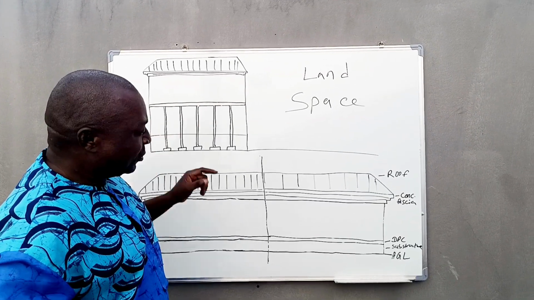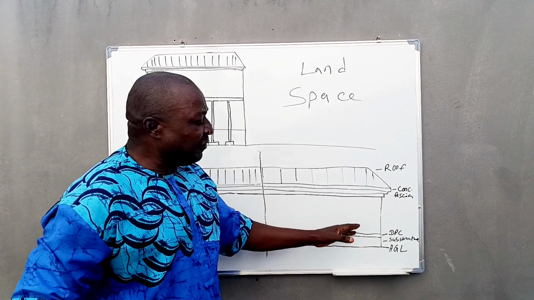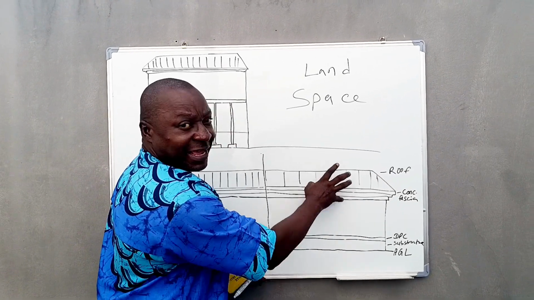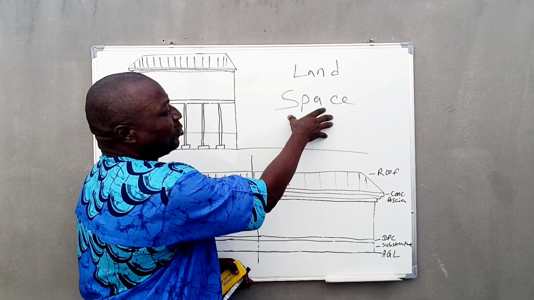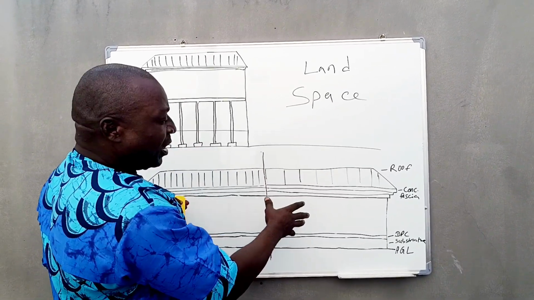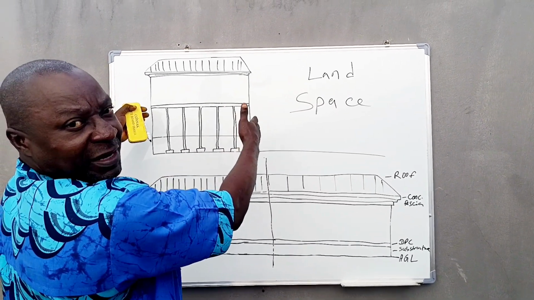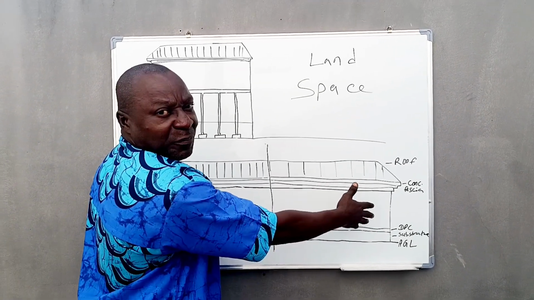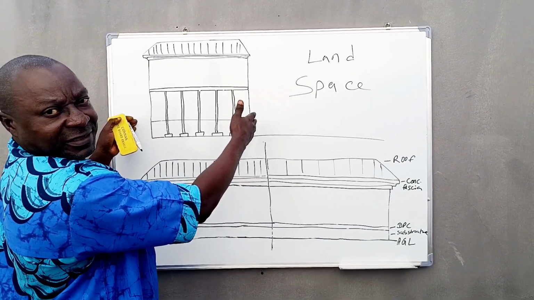You understand now? If you look at it, you realize that the entire space here is what you also have here now as an empty space. So the cost of building a duplex is more economical than that of its equivalent bungalow. That is 5-bedroom bungalow, 5-bedroom duplex.